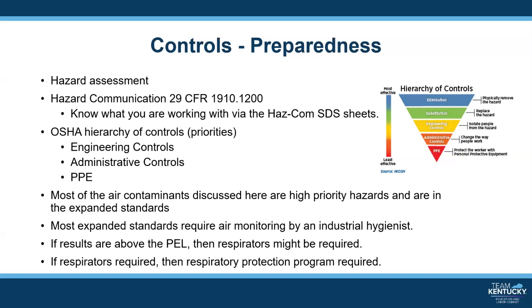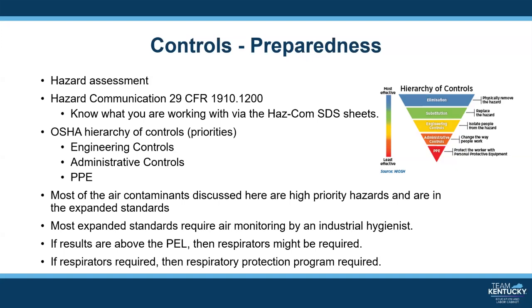Even higher than engineering controls, you can use methods such as shown in the triangle on the right, which shows that elimination of the hazardous product could be a way of controlling it, by not having it there in the first place.